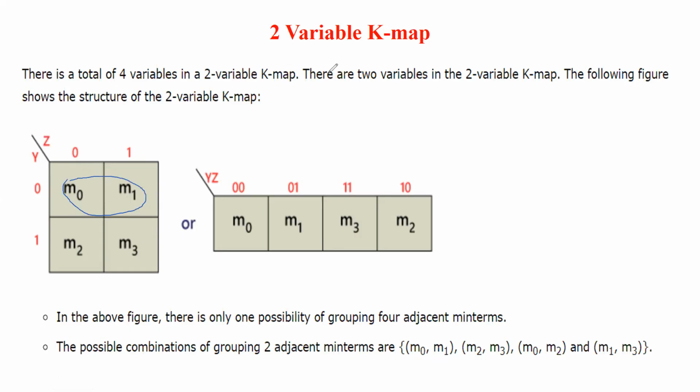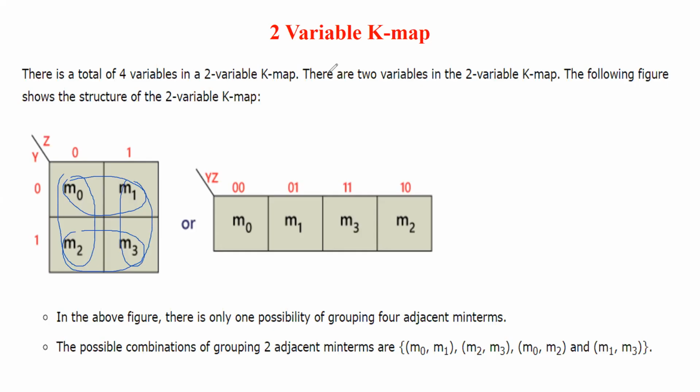So I can group M0, M1 together. Then I have M2, M3 together, so I can make this group M2, M3. Then I can make M0, M2, and M1, M3.